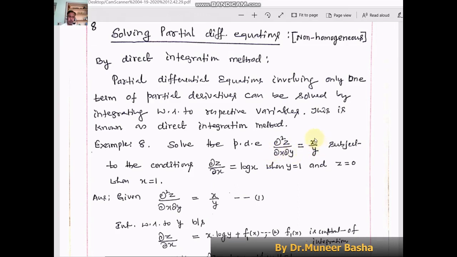You can observe it is non-homogeneous because there is a function of x and y on the right hand side, and it is involving only a second order partial derivative, only one term. There is no other dou z by dou x or dou z by dou y. So that's why we can use the direct integration method for this type of partial differential equation.